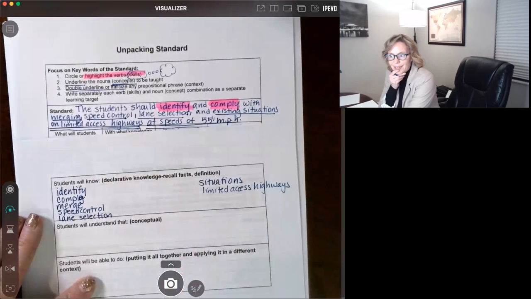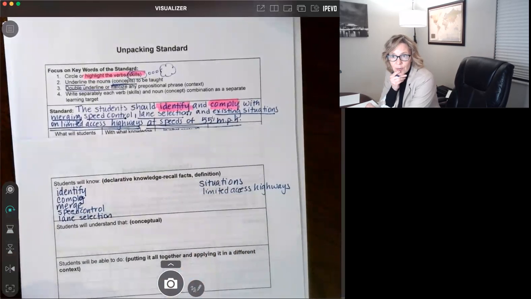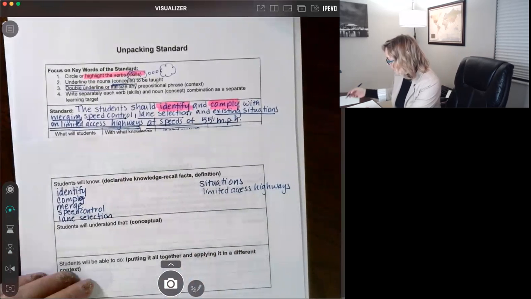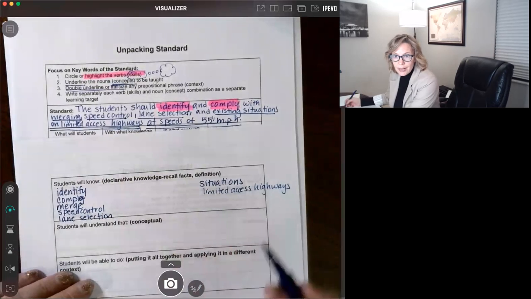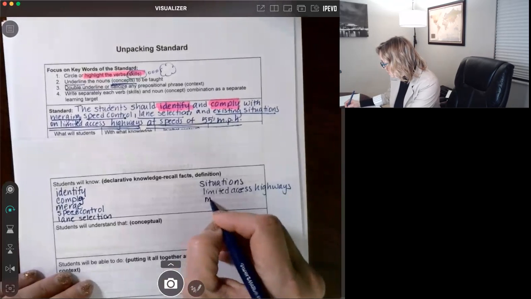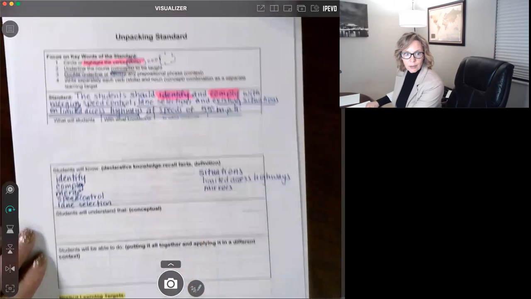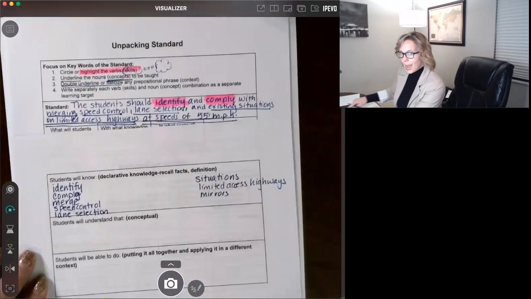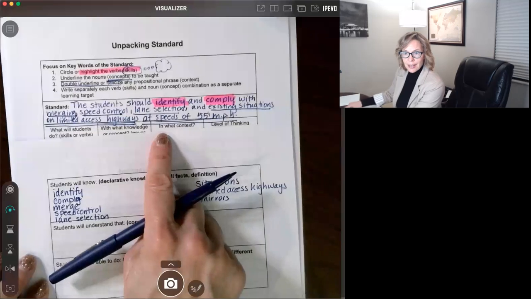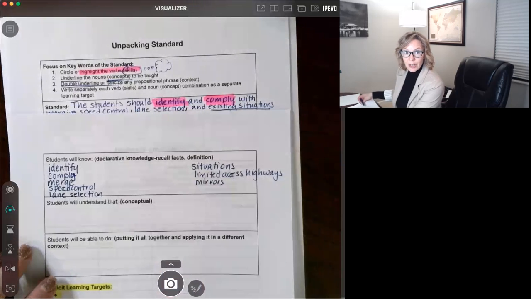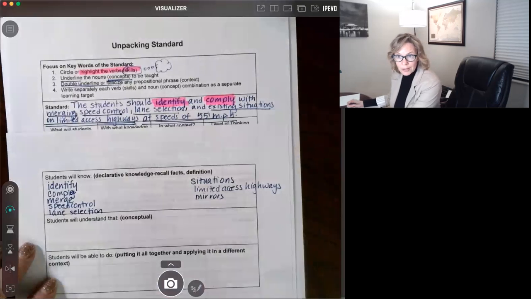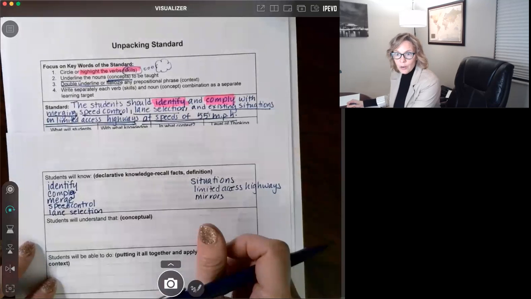Now, that's not all they need to know. In order to do this, they need to know where their mirrors are, right? And that's why this is implicit. You can't see it, but it's not explicitly stated in the standard, but you need to know when you're merging onto an interstate where your mirrors are.